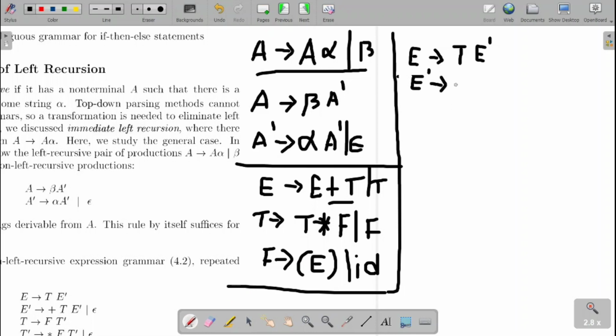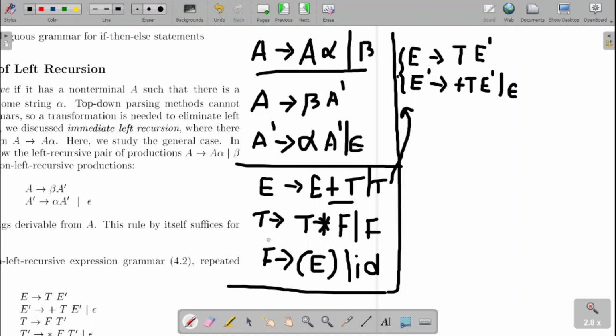What is our alpha? Alpha is plus T. So plus T E dash or the epsilon. This will be the equivalent for this production. So we have eliminated the left recursion in the first rule.